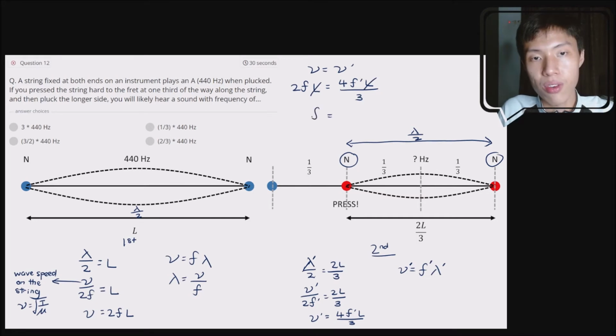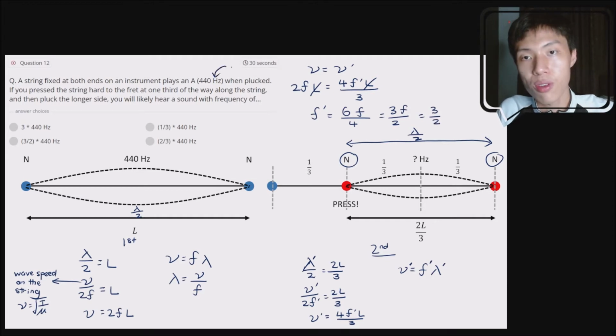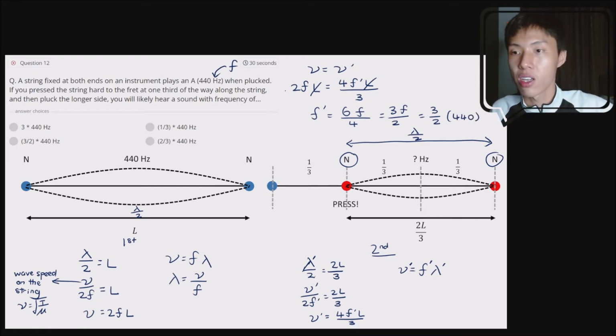Then if we rearrange our equation, we can see that f prime is 6f divided by 4, which equals 3f divided by 2. So this is 3 over 2. The previous frequency here is 440. That's why it's 3 over 2 times 440. So the answer will be this answer over here.